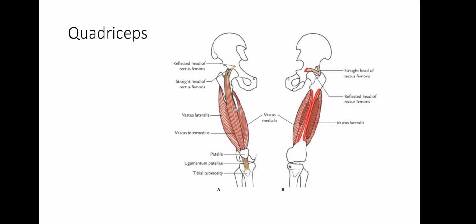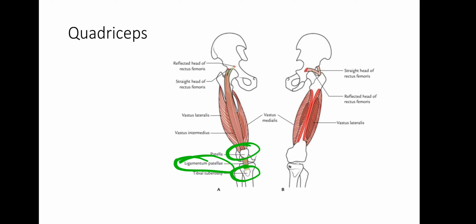Coming to the quadriceps, we have four muscles as the name implies: the rectus femoris, vastus medialis, vastus lateralis and vastus intermedius. All four get inserted to the base of the patella, which in turn gets inserted into the tibial tuberosity through the ligamentum patellae.